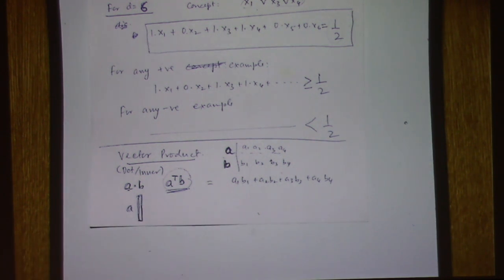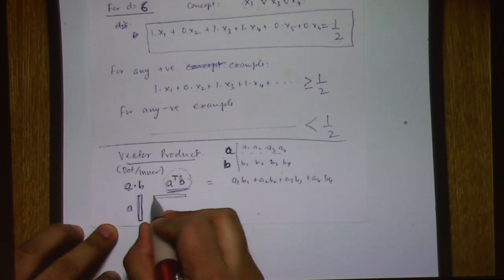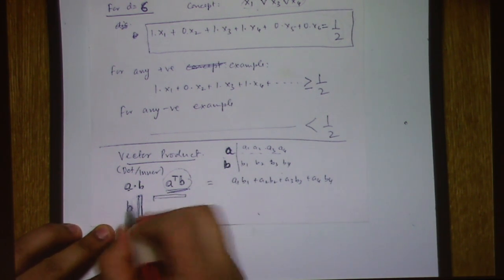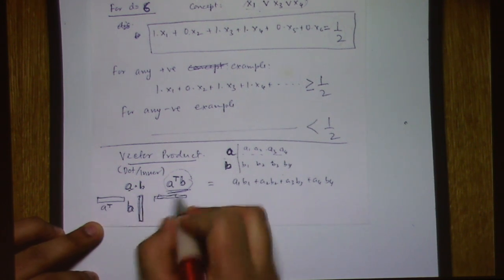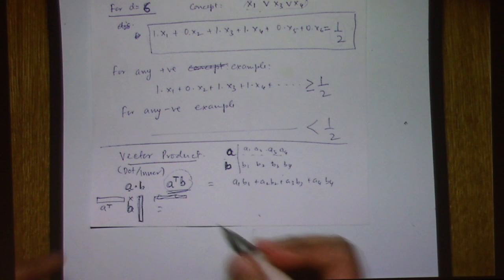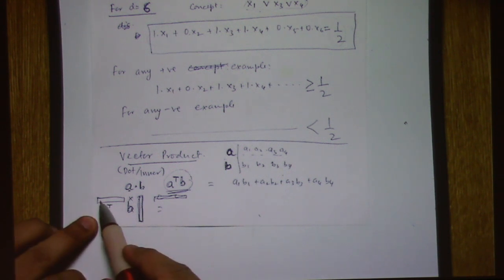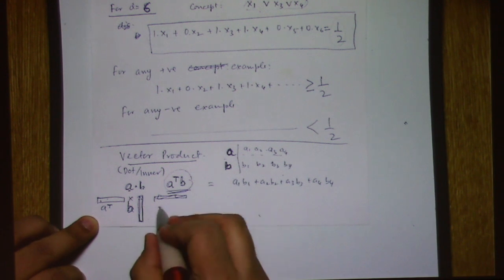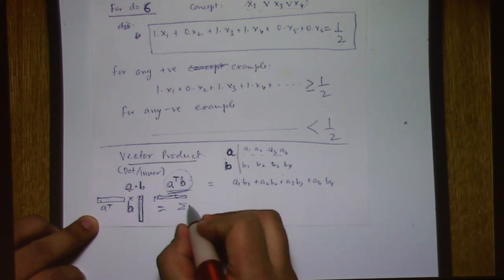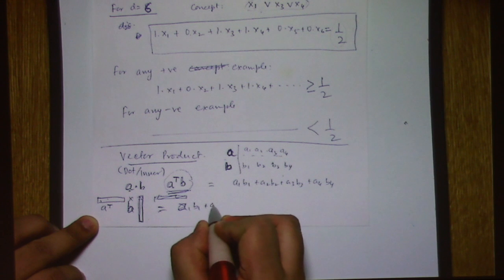The transpose is just making the rows into columns. So this is B and this is A transpose. When I multiply that in matrix multiplication, it will give back the same thing: A1 B1 plus A2 B2 plus so on.